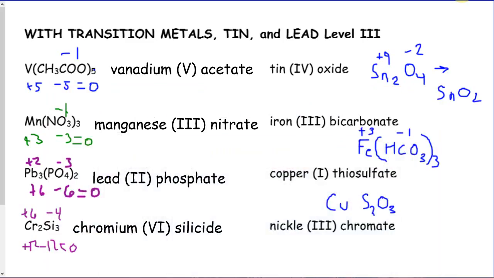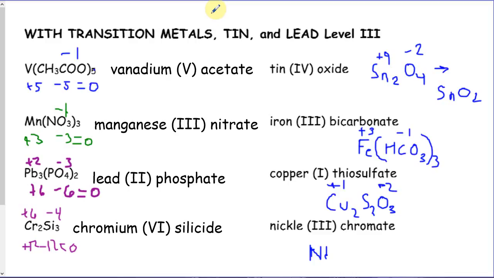So I've got S2O3 with a -2 charge. Copper's got a +1 charge, so +1. Crisscross, I don't have to write the thiosulfate in parentheses because the 1 is going behind it, so it's just S2O3.